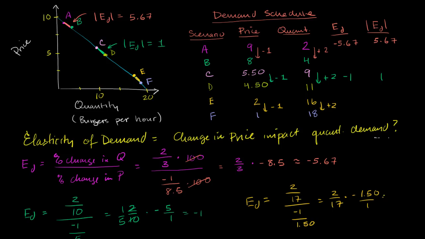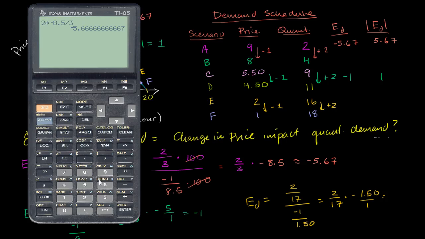And this is equal to, getting our calculator back out, well, it's really just going to be -3 over 17, right? 2 times -50, 150, is -3 over 17. So -3 divided by 17 is equal to -0.18.